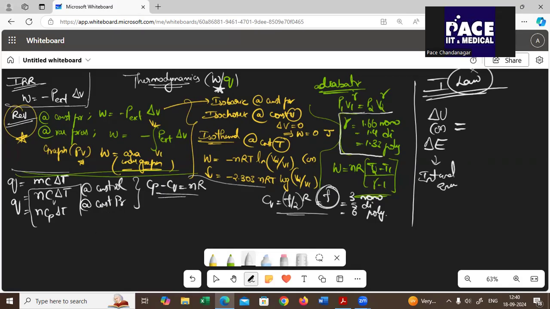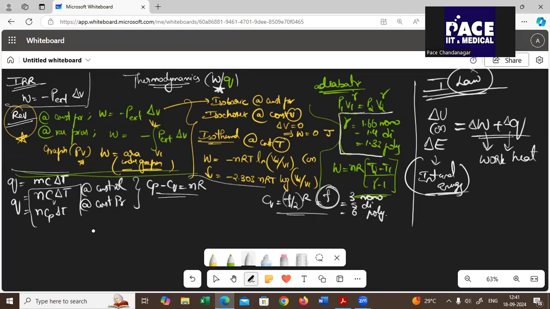The internal energy of the system is nothing but work done plus Q, delta W plus delta Q. If you add these two up, delta W plus delta Q is going to be nothing but your change in the internal energy. And internal energy cannot be calculated just like that. Only the change can be noted. Okay, remember that. So delta Q is the heat and delta W is the work.